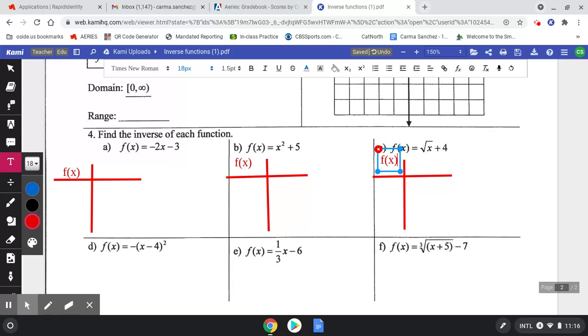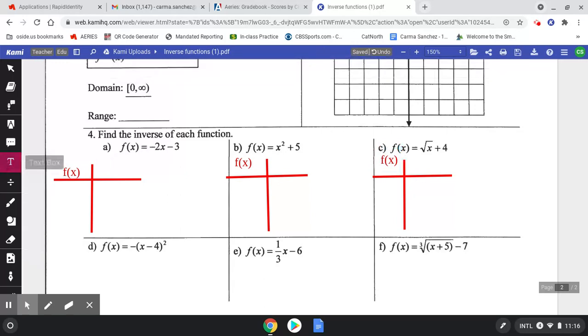All right, so we've got f of x being given to us, and now we're going to try to get f of negative 1 of x. Oh, let's do red.